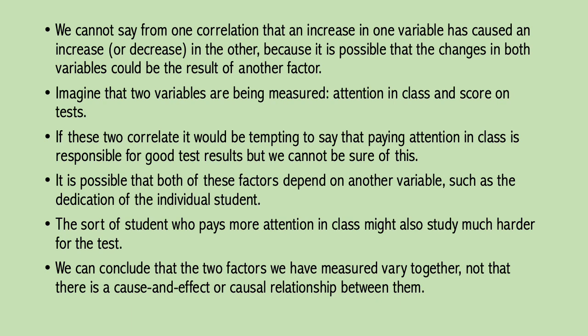Okay, so we can conclude that the two factors we measured vary together, not that there is cause and effect or causal relationship with one another. So we can just conclude that, okay, there is a relationship between attention in class and the score on test, meaning that there is a link between these two variables, but we cannot conclude that one is causing the other one.